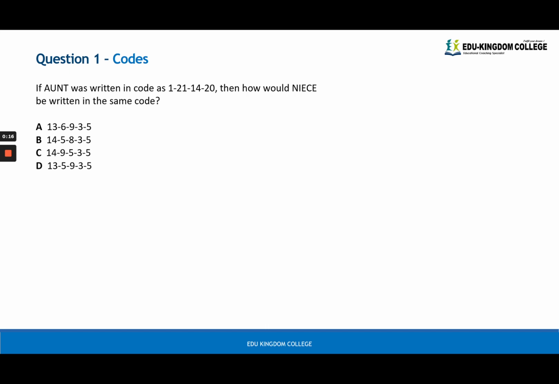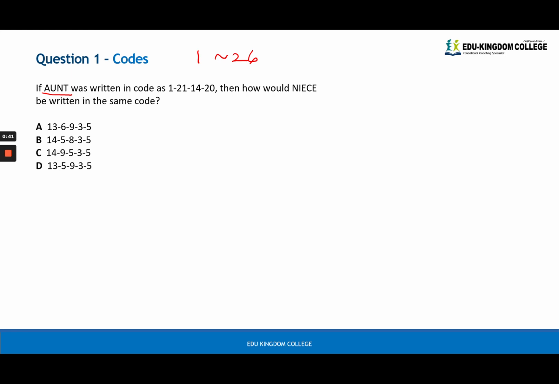So this first question was a codes question. If aunt was written as 121 14 20, then how will niece be written in the same code? The first thing that strikes me is that these numbers all lie in the range between 1 to 26. And this is very important because we know that our alphabet also ranges from 1 to 26.